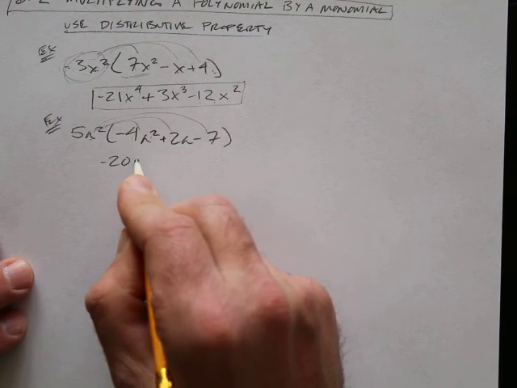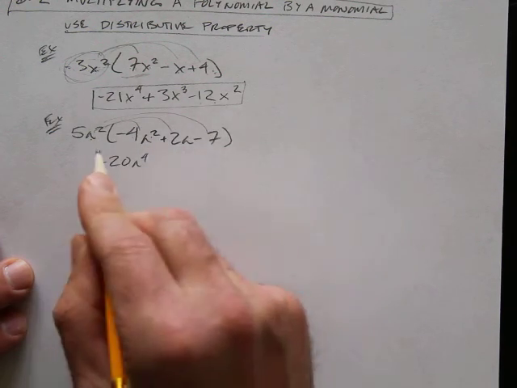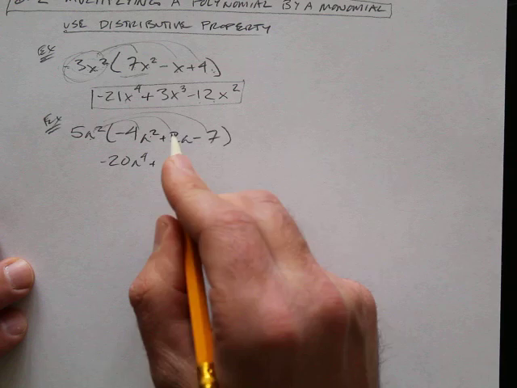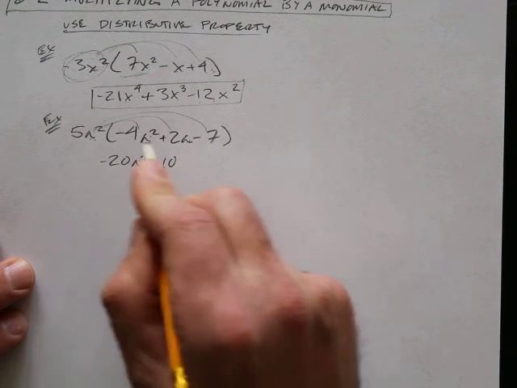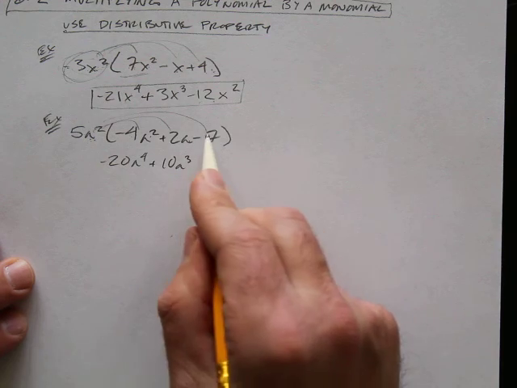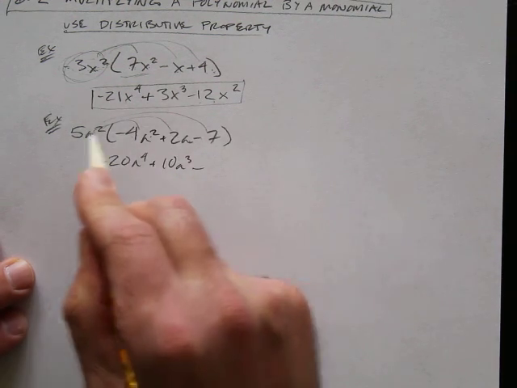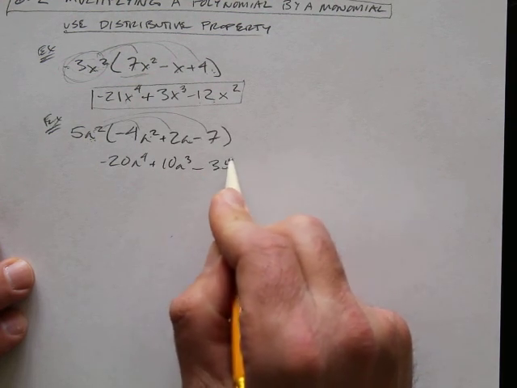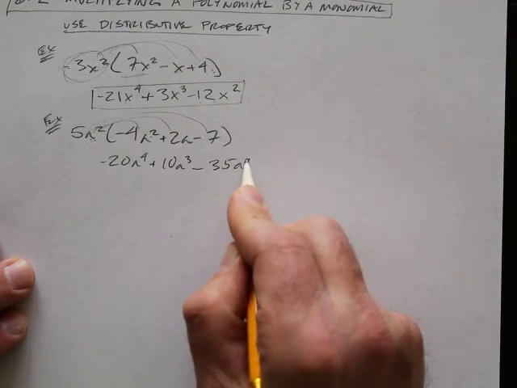A squared times a squared is a to the 4th. Plus 2 times 5 is 10. A times a squared is a to the 3rd. And then 5 times negative 7 is negative 35, and a squared.